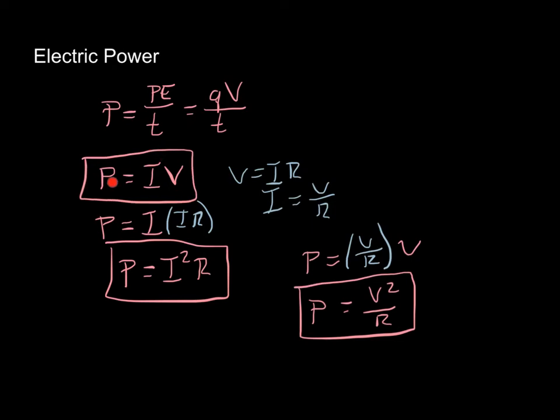These two forms are useful depending on what you know, for the amount of power dissipated by resistors, but they're all the same basic form, combined with Ohm's law.